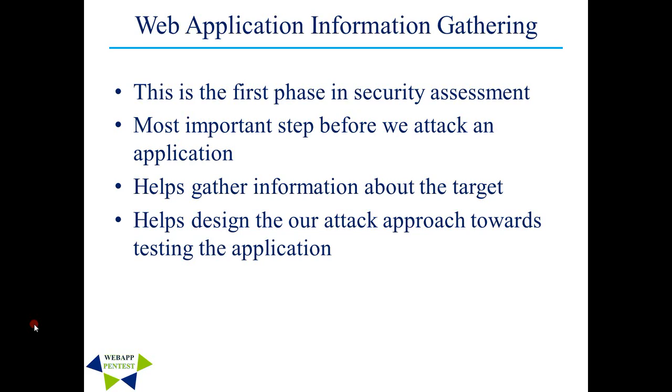It could be the functionality of the application, what technology the application has been built on, what language it is using, or what kind of web server it is running on. It helps design our attack approach towards testing any kind of application.